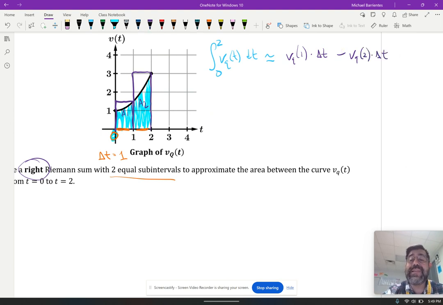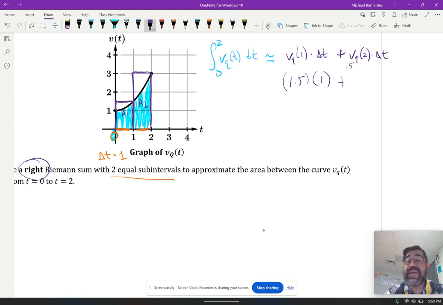Why am I writing these as symbols? So that you can see there's a pattern, right? V(1) means the y-coordinate, the height of the curve at 1, which, by the way, we already calculated was 1.5, times delta t, which we just said is 1, plus V(2), which is the height of the curve V at time 2.